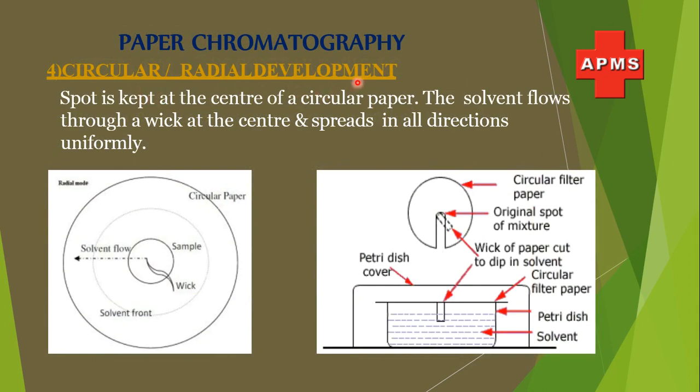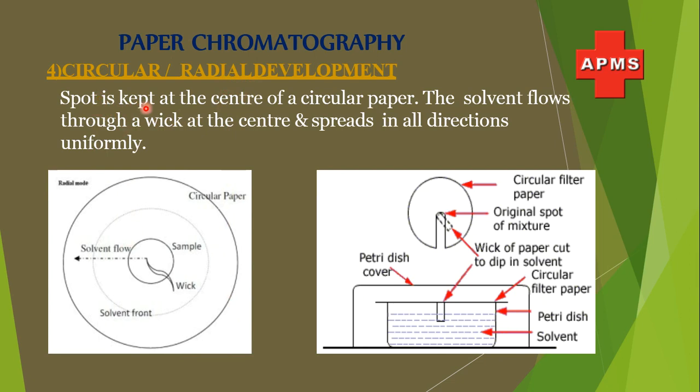Now, circular radial development. Generally we see in labs that Whatman filter papers are available in a circular or round shape. These filter papers can be used for radial development.